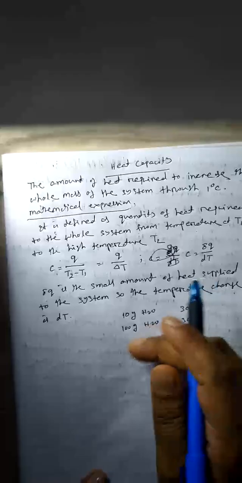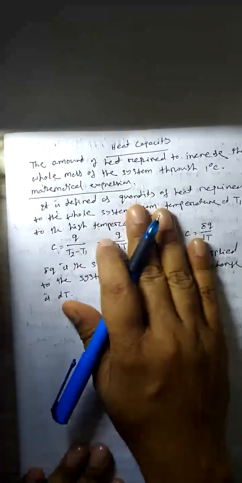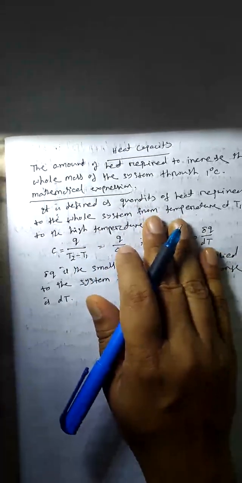This makes a problem, because if anyone tells that heat capacity of water is 30 joule without mentioning the amount, then it is completely useless. You have nothing to use, because heat capacity changes with the amount of the substance. So that is why heat capacity is very less used.